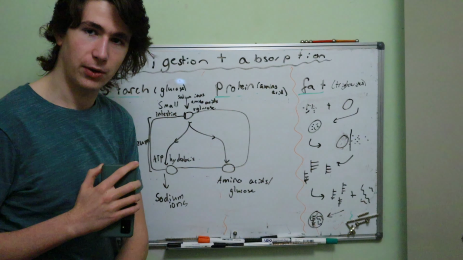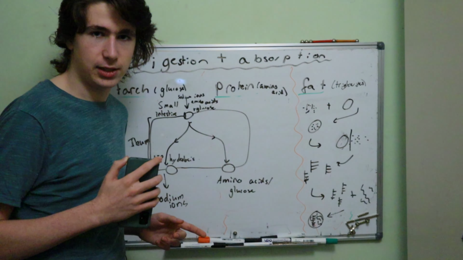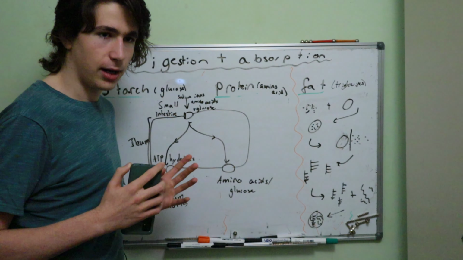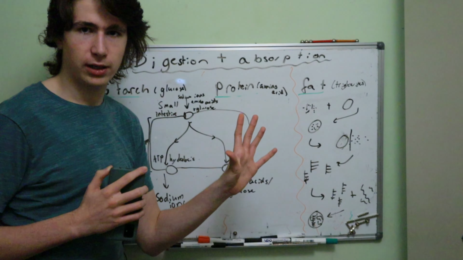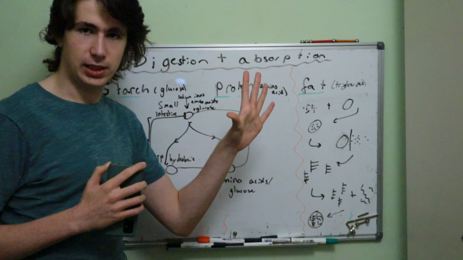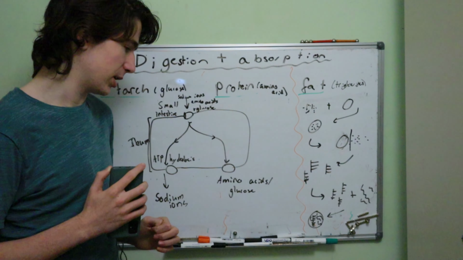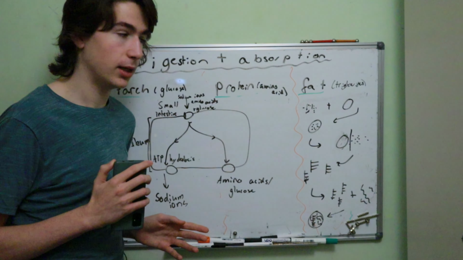So yeah, sorry about that. And that's packaged into this little vesicle here, and then these chylomicrons fuse with the membrane of the cell, and then they are released into the rest of the bloodstream, which is where they are carried along to where they need to be and stored.